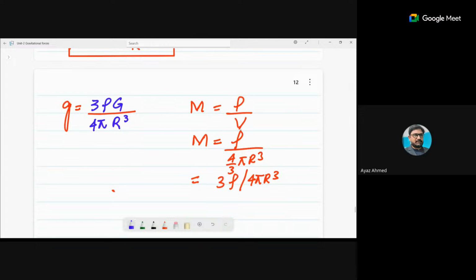Mass, density over volume. Oh, sorry. Oh my god, just in a hurry, we made a mistake. Density is mass by volume. So mass is density into volume. Oh my god. You didn't tell me either, boys, you got the 5 minutes extended. Fine.